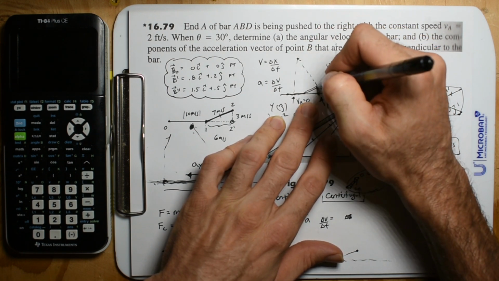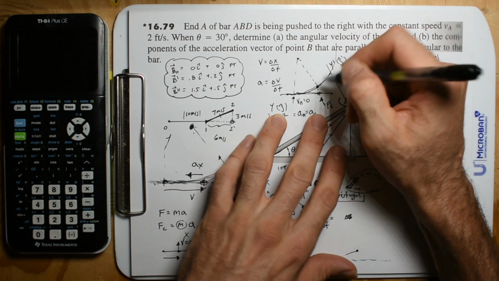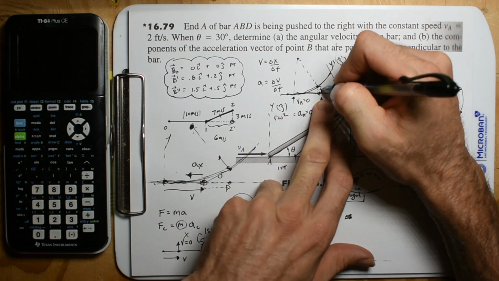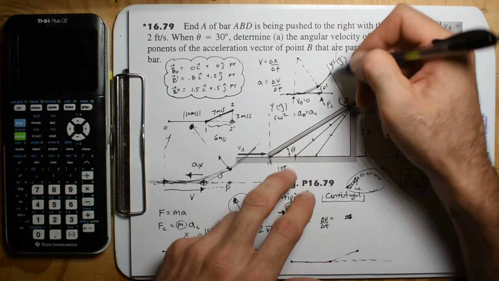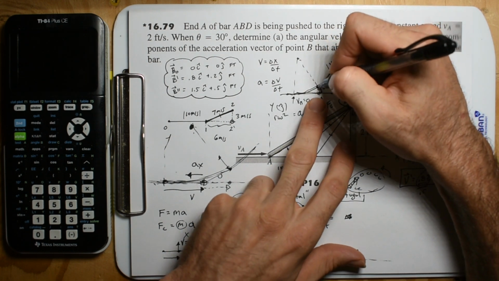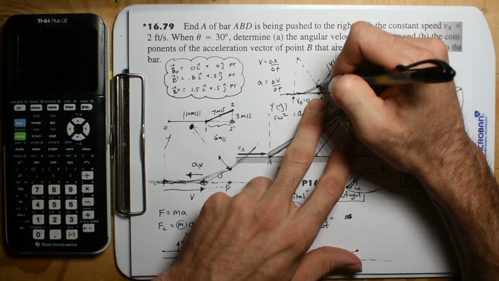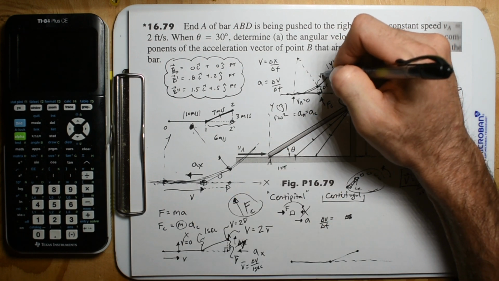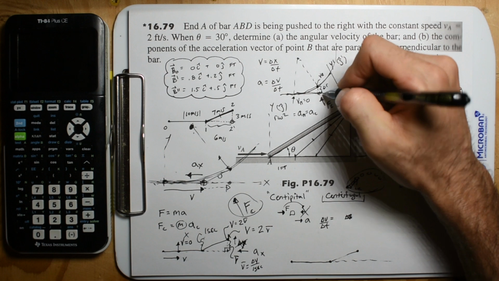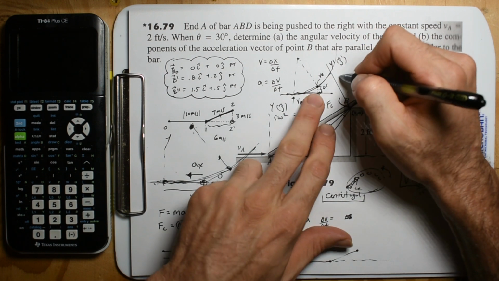You're closer towards the radius here than you would have been out here. And so that distance that you travel, that's going to be change in r, change in y, or whatever. So your velocity towards the center is going to be 2 times the average, and that's going to be your acceleration.